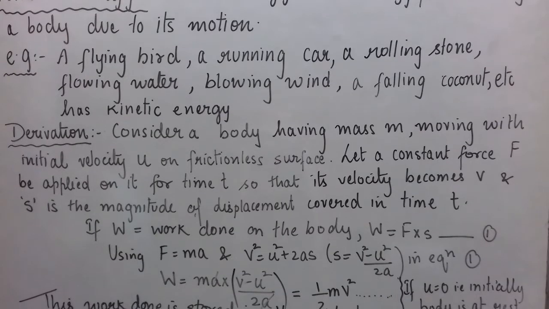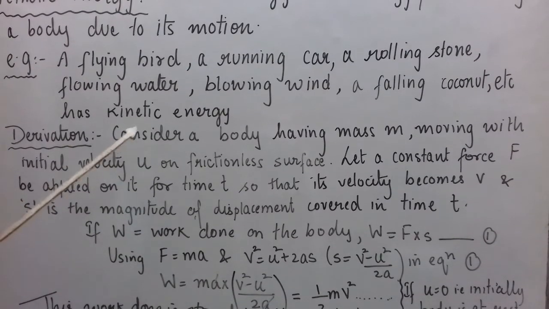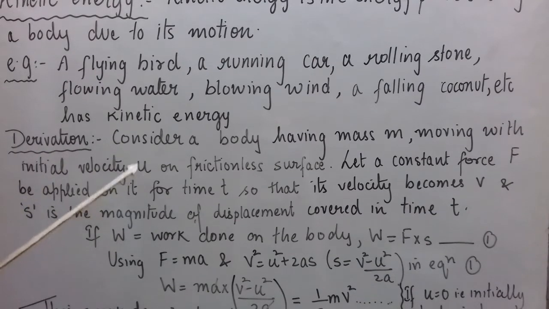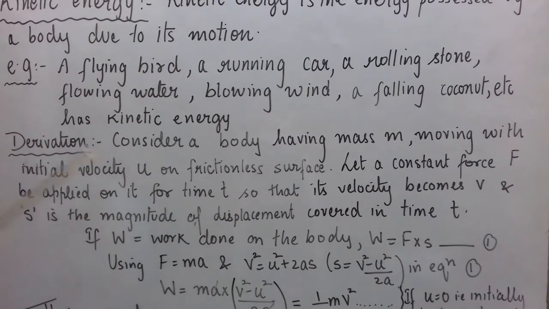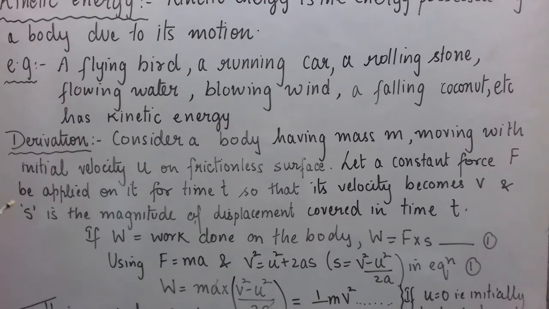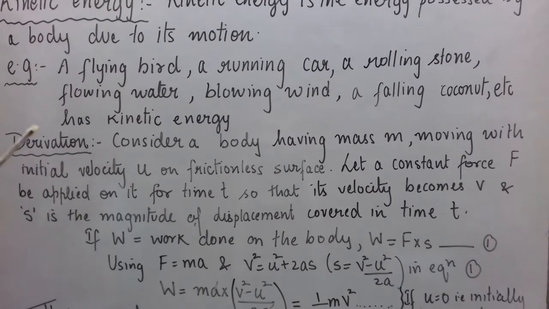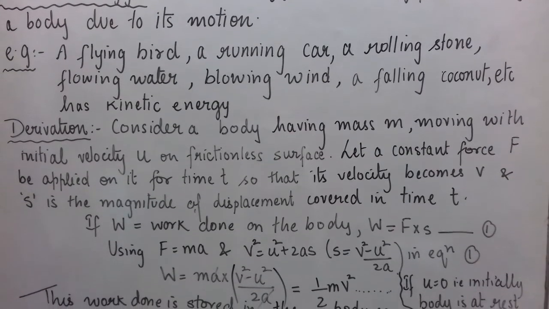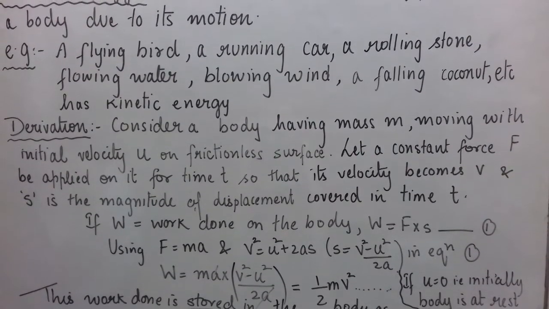If the body is initially at rest, it means u is 0. Then whatever work is done on the body to make it move and attain some velocity will be stored in the body as its kinetic energy.